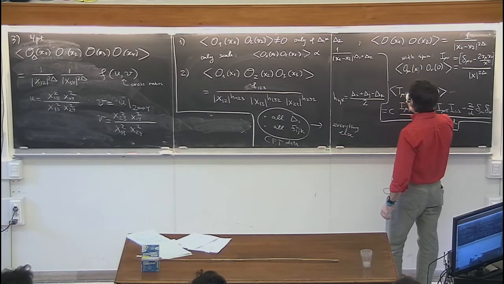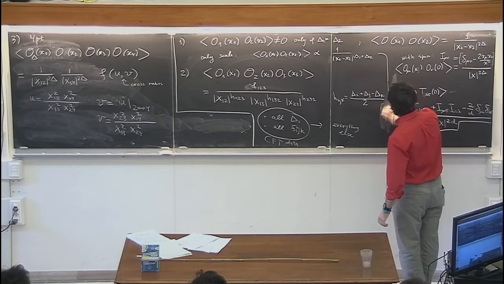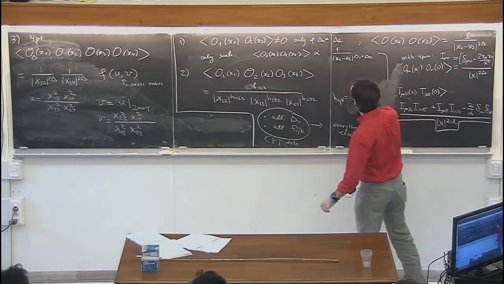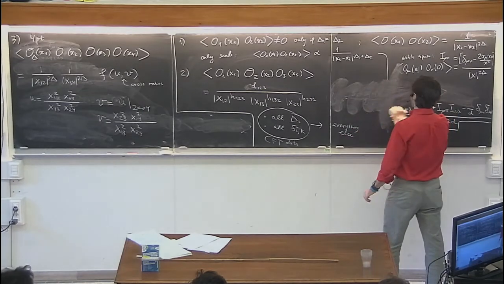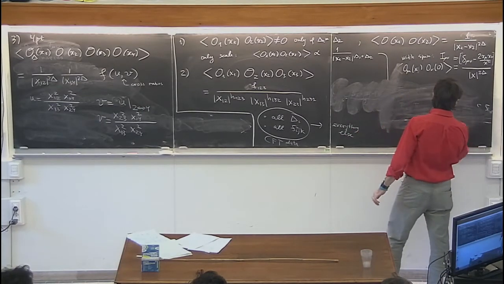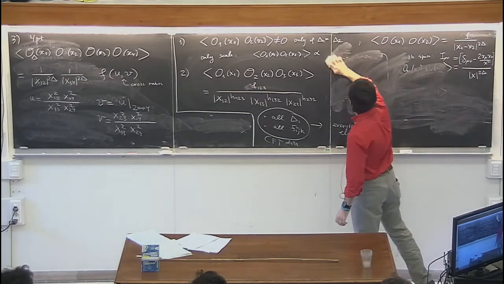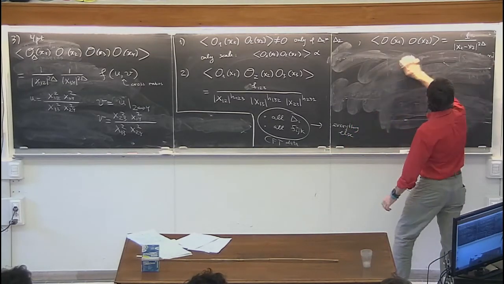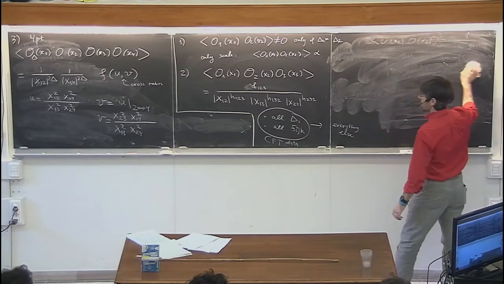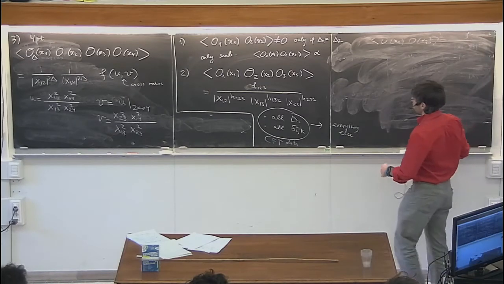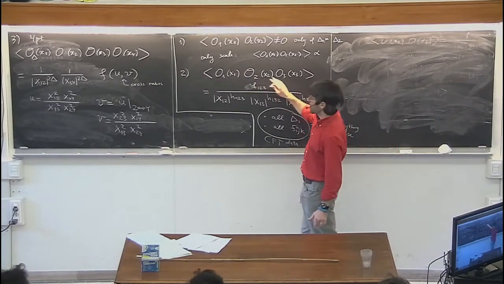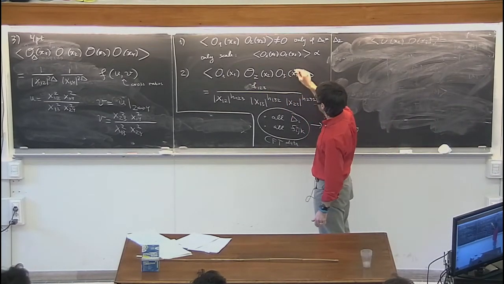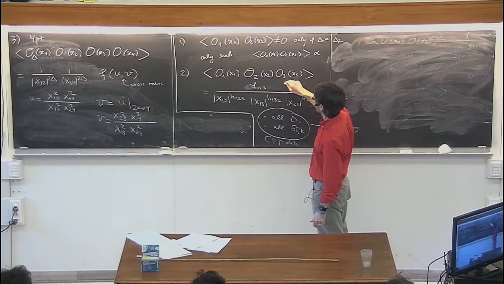Maybe before I erase, I'll write one more formula. So I'll first erase this. So here I had a case where all three operators were scalars, but suppose that this operator were a vector.